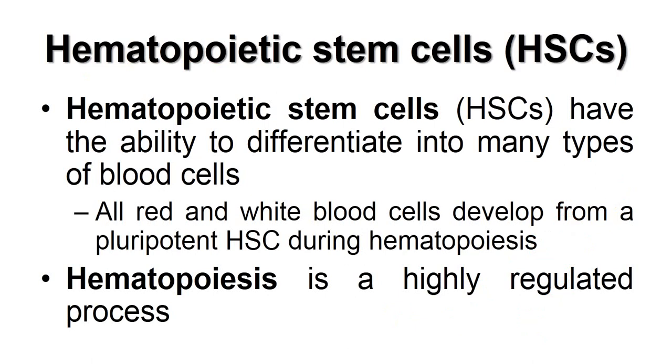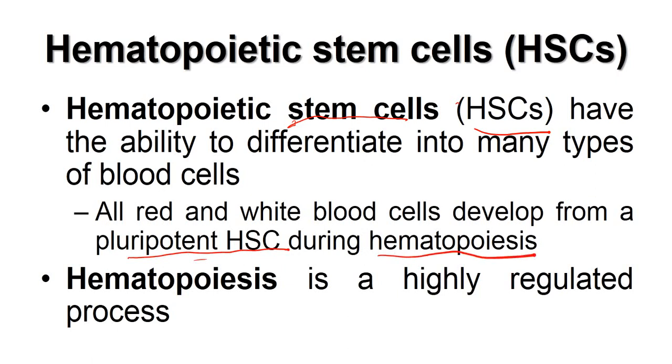Hematopoietic stem cells, abbreviated as HSCs, have the ability to differentiate into many types of blood cells. In fact, all the red and white blood cells, that is RBCs and WBCs, develop from these pluripotent hematopoietic stem cells during the process which I described earlier, hematopoiesis.